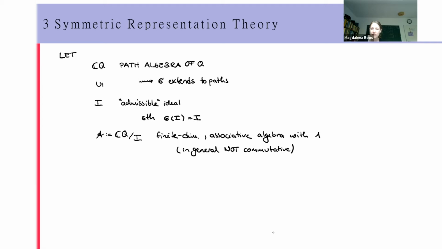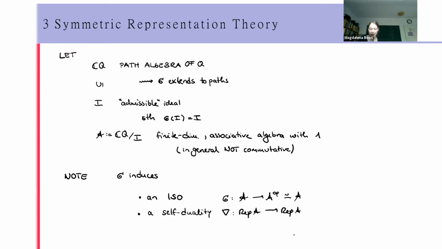But it has structures. For example, we note that sigma induces an isomorphism of A to itself. We're going over to the turned around algebra, but it's a nice isomorphism. And this induces a self-duality. This is important on the representation category.